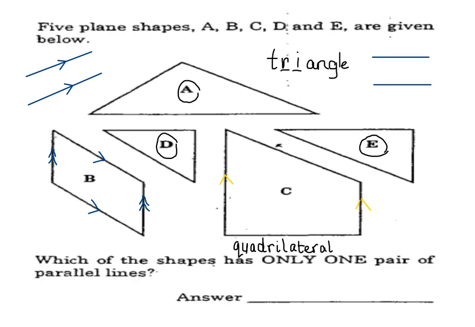So this is the pair of parallel sides, and this is the shape that has only one pair of parallel sides. So on the answer line, which shape are we going to tell them has only one pair of parallel sides? A, B, C, D, or E? Which one? We should write C, right? We're going to write C as the shape that has only one pair of parallel sides, right?